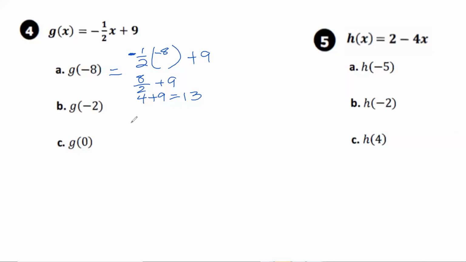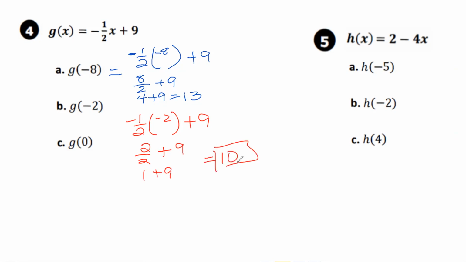All right, so let's plug in -2. So I got -1/2 times -2 plus 9. -1 times -2 is going to give me a +2. And then 2 divided by 2 is 1. 1 plus 9 is 10. Y'all good?